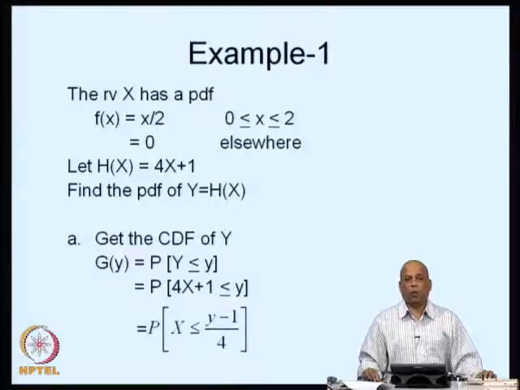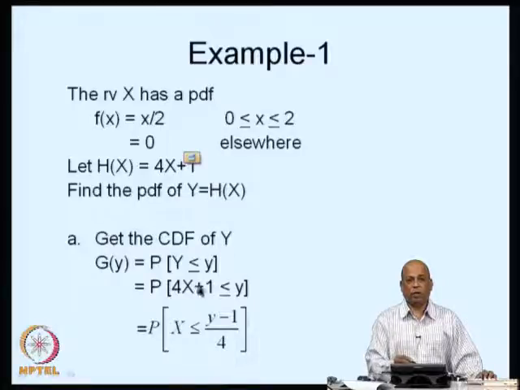First we will obtain the CDF of y from the definition: capital G of y is equal to probability of y being less than or equal to small y, and what is y? Y is 4x plus 1. So, 4x plus 1 is less than or equal to small y, from which we write this probability as equal to the probability of x being less than or equal to y minus 1 divided by 4.